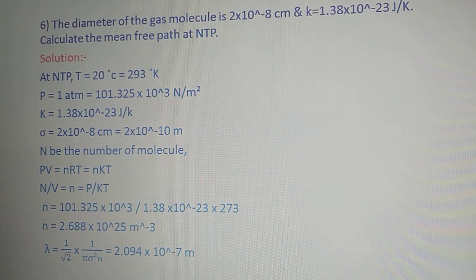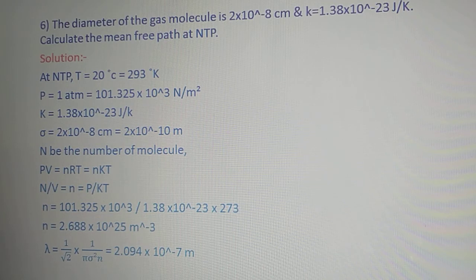NTP is the state where the temperature is 20 degrees Celsius, and that 20 degrees Celsius is equal to 293 Kelvin, and pressure at NTP is 1 atmospheric pressure, which is equal to 101.325 into 10 to the power 3 Newton per meter square.